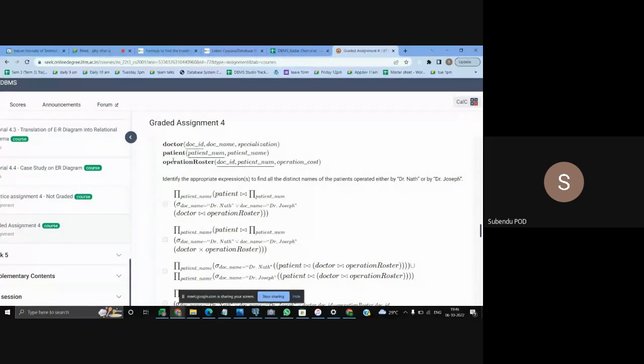My doubt is that whenever we carry out a joining operation, it is between two relations, right? So it will give the projection of patient number, and then we can do the natural join.